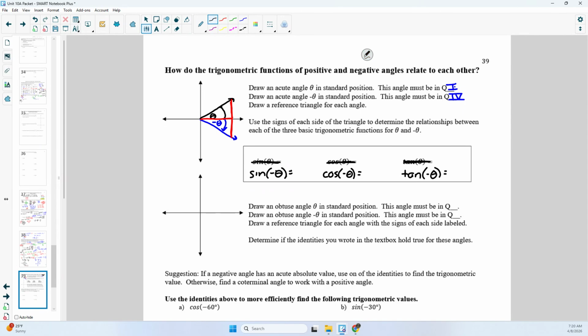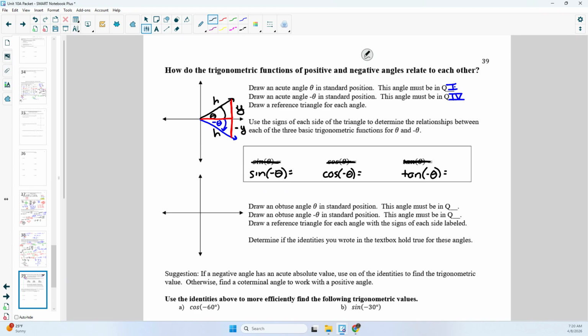So first, sine would be y over the hypotenuse. I'm not using the unit circle, so we're just going to write each term. Over here, this is a negative value, and we know the hypotenuse is always positive.